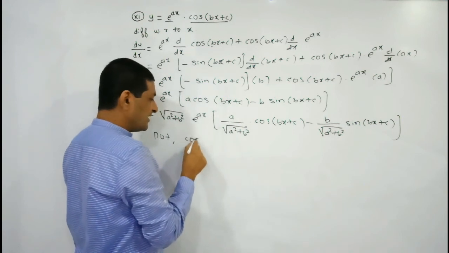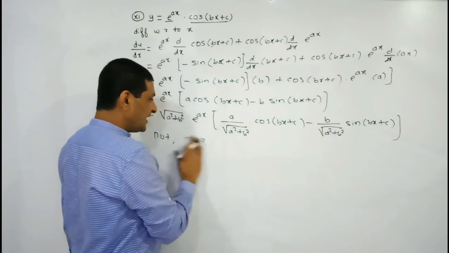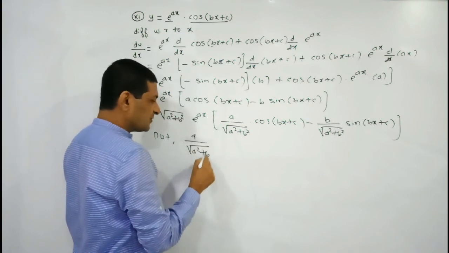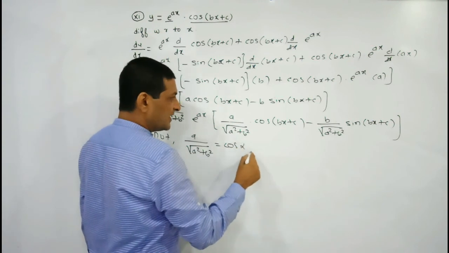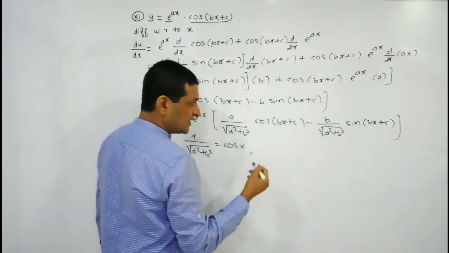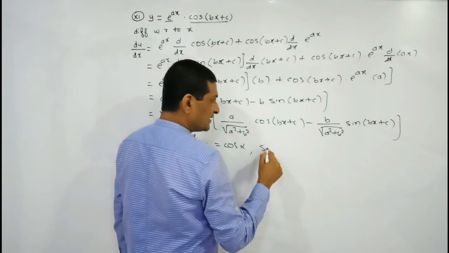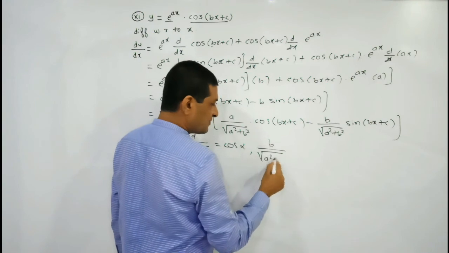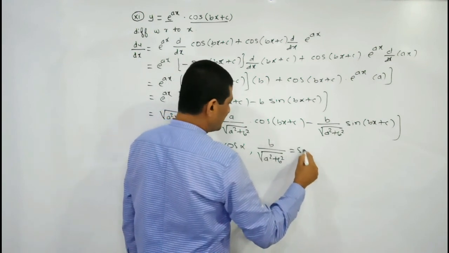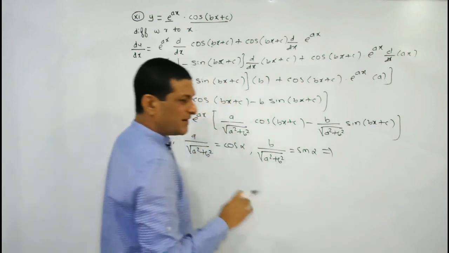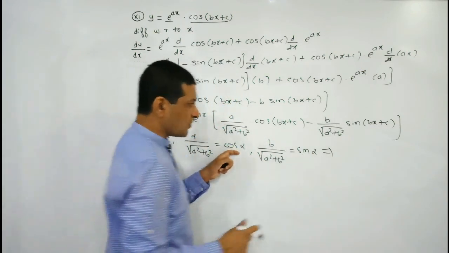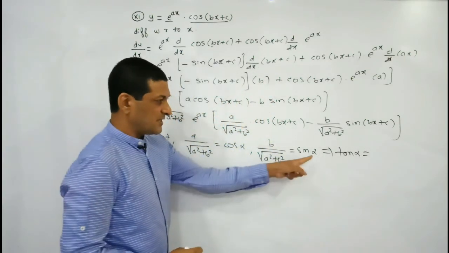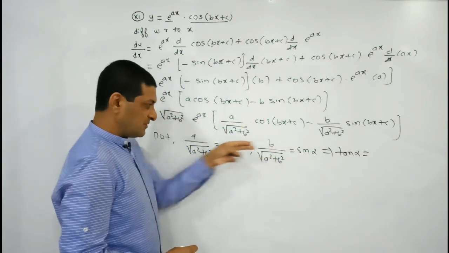So put cos alpha equals a upon under root a square plus b square, and substitute here sin alpha for b upon under root a square plus b square. So if we take the division, sin divided by cos will become what? Tan. So tan alpha will be equal to, since we have taken the division of the right hand side, take the division of the left hand side also.